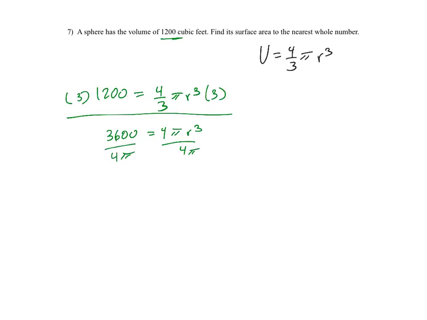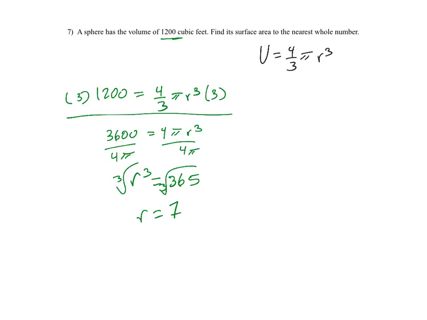So I have r cubed equals 286 point something, or about 287. Taking the cube root on both sides, r equals 7 units.